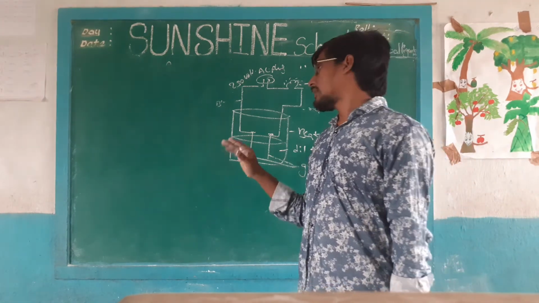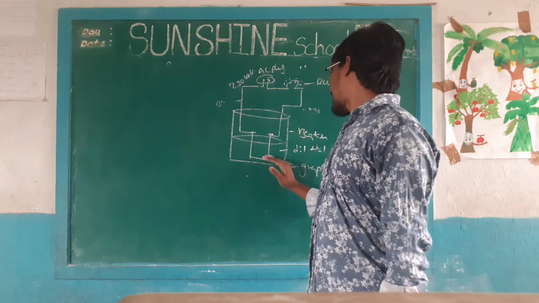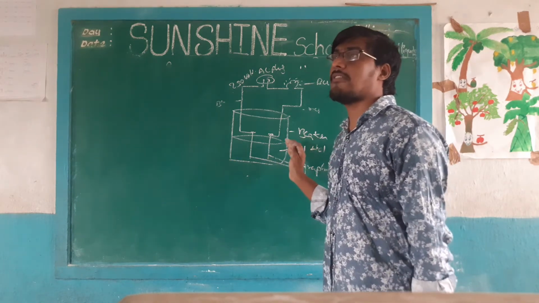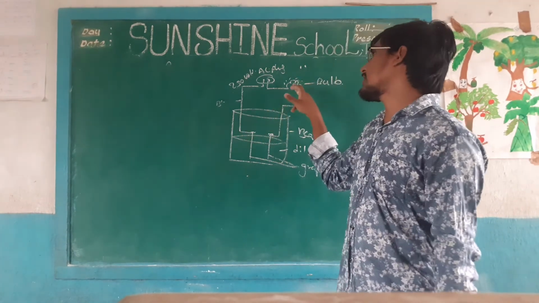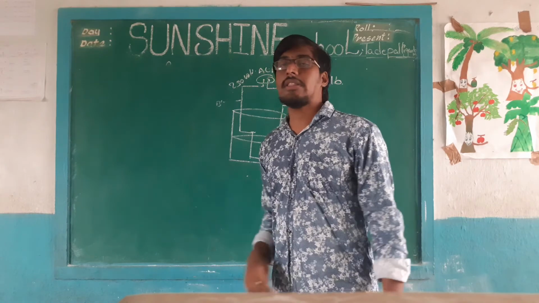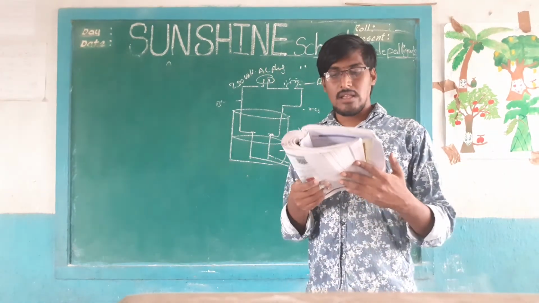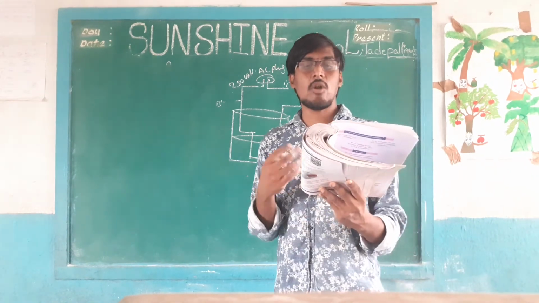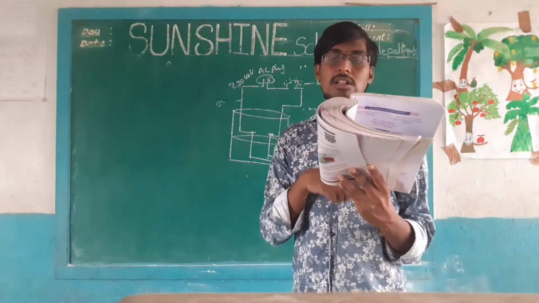Comparing these two beakers, dilute HCl is an acid, so the bulb will glow, and the bulb will not glow in the glucose water. So the bulb glows only in acid solutions but not in glucose and alcohol solutions.